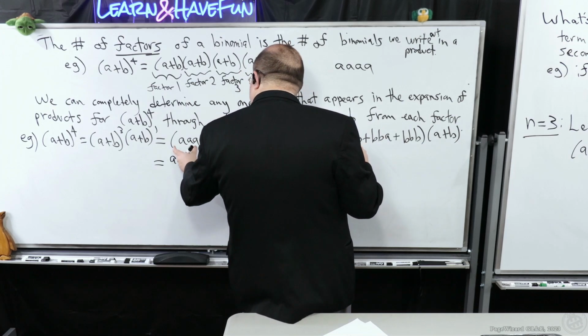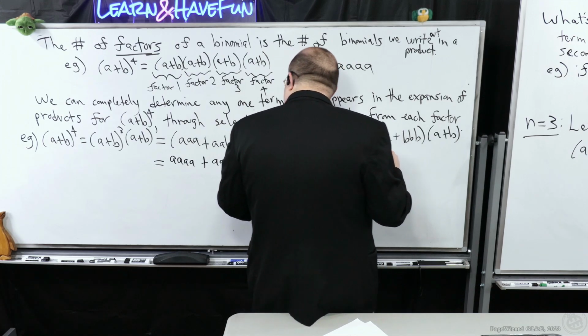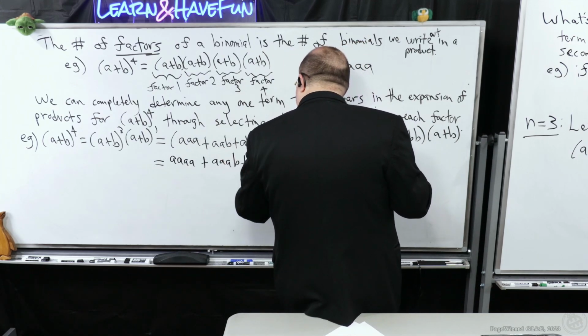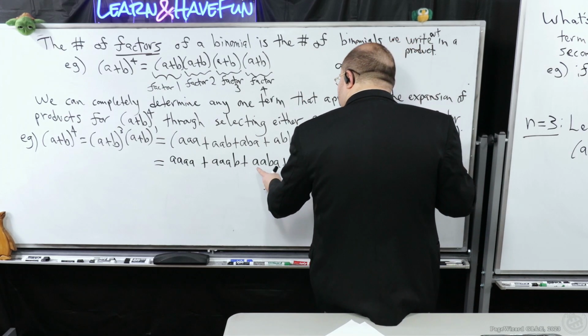Remember, all I'm doing is going through each one of these terms and writing an A after it, or a B. So I go through each one. First AAA, then the next one would be AAB, so now I've considered AAB.